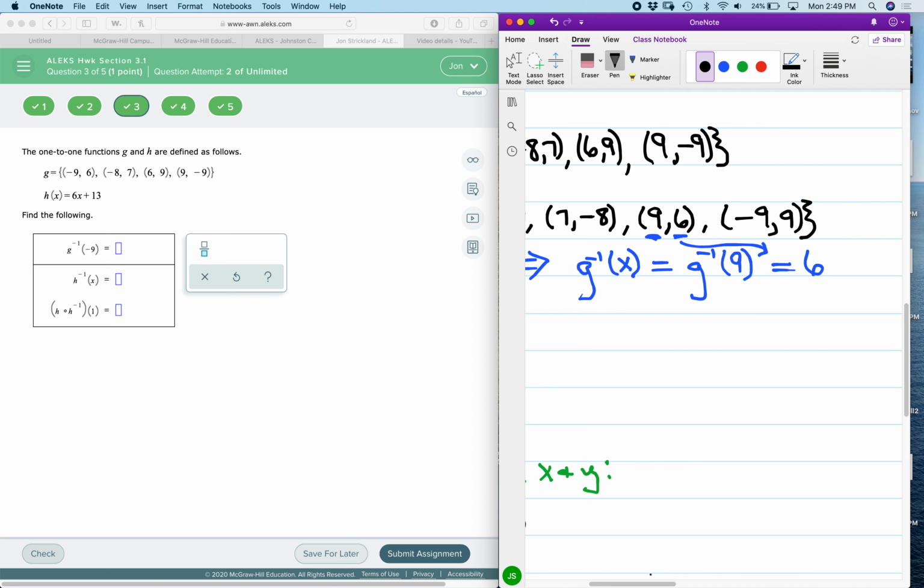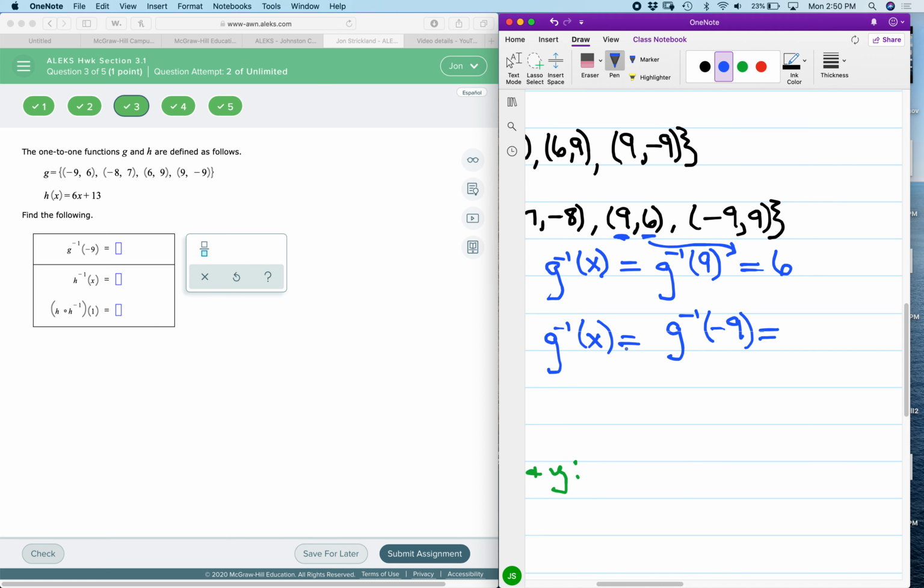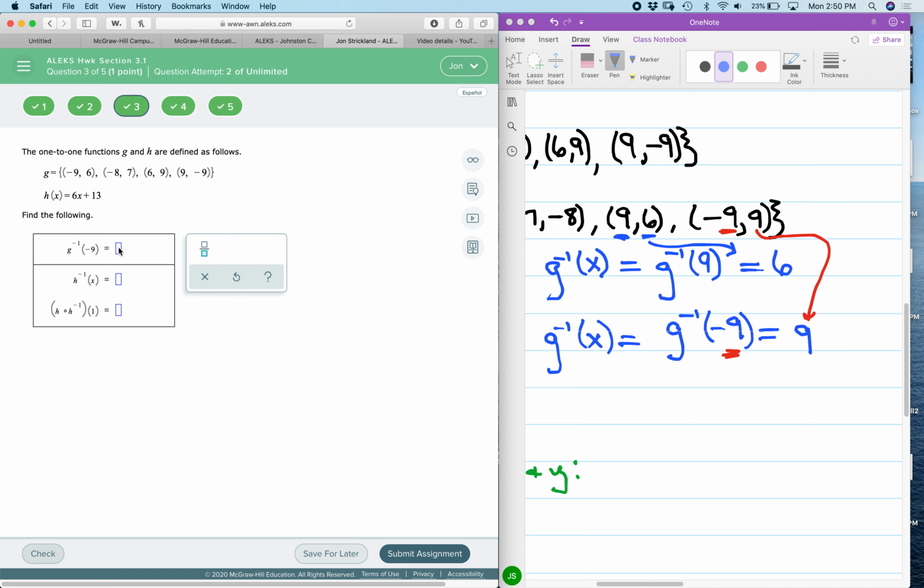All right, so just taking what we have, typing in. The inverse function of g at 9 was equal to 6. Now we have the inverse function of g of x, whenever x is set to negative 9, it's going to follow that the corresponding y value ends up at 9. I misread the first part of the problem. I read the input as being 9 as opposed to negative 9. But again, for the output, that is going to be 9.